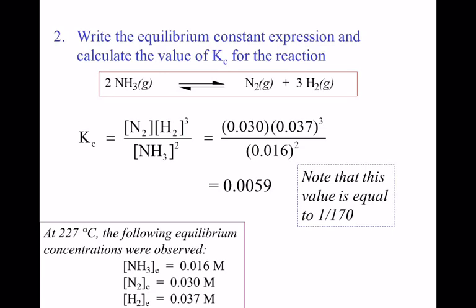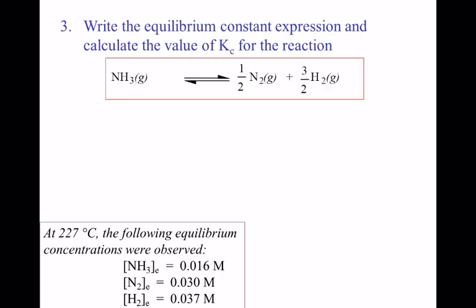And then the last check we're going to do is the one where we multiplied this one through by 1/2. And it looks like this. So again, we'll have a different equilibrium constant expression, and it looks like this.